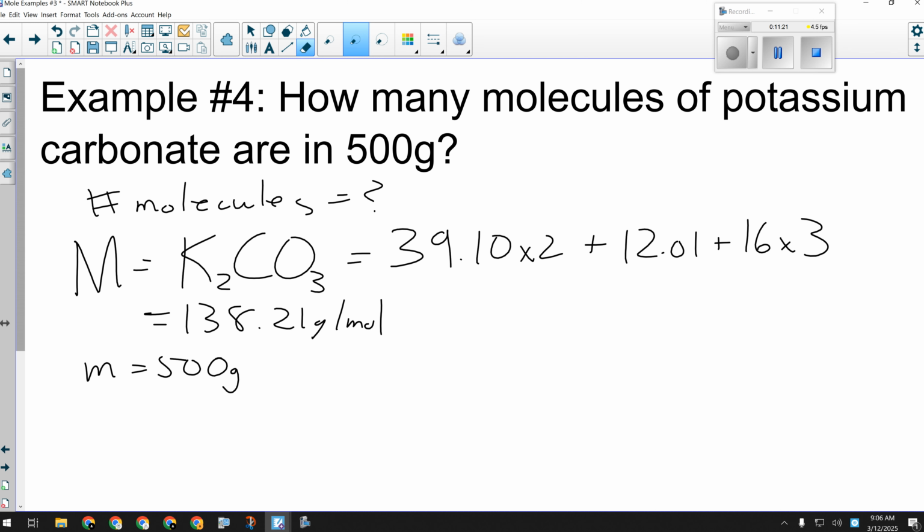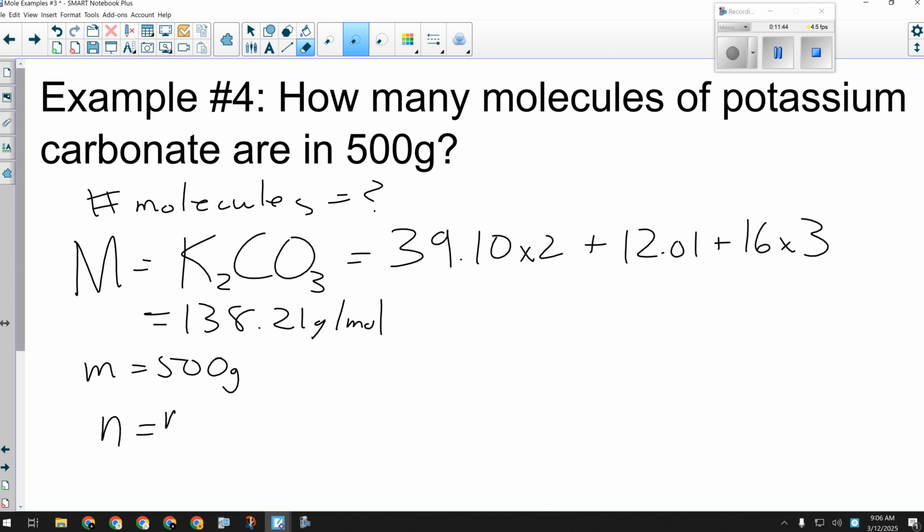So we have little m. We are looking for the number of molecules. If I'm going to get the number of molecules, what do I need first? I need n, the number of moles, because Avogadro's number is the number of molecules in 1 mole. If I'm going to multiply those, I got to get n first.